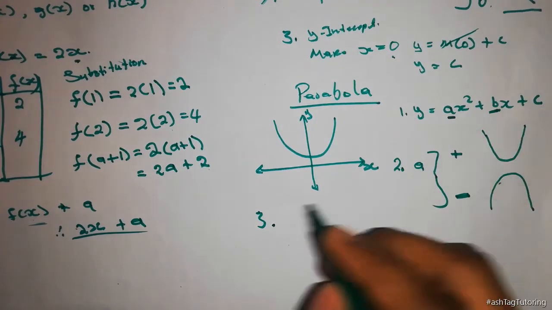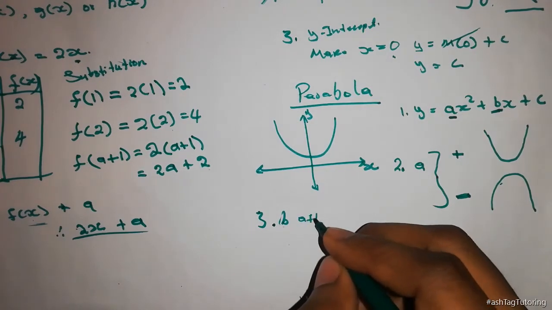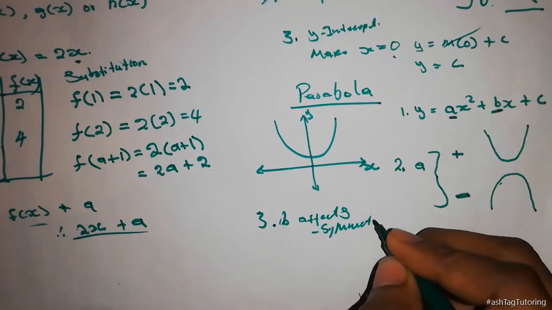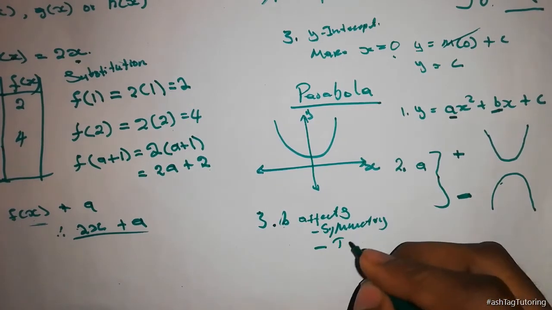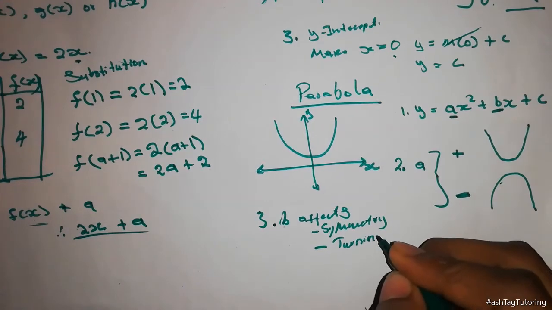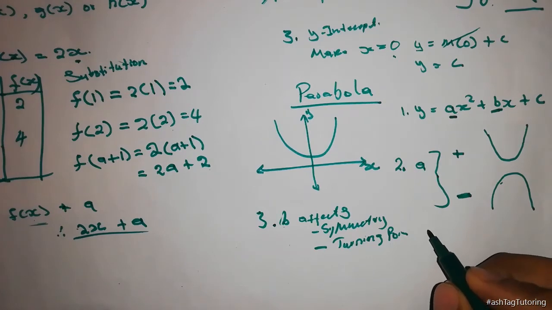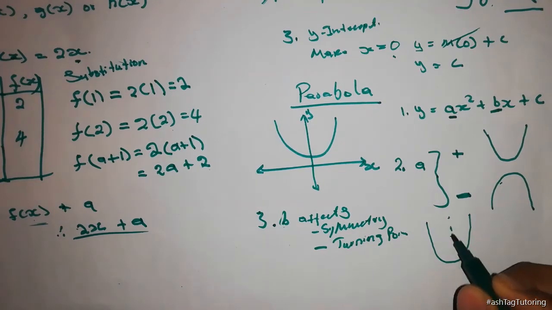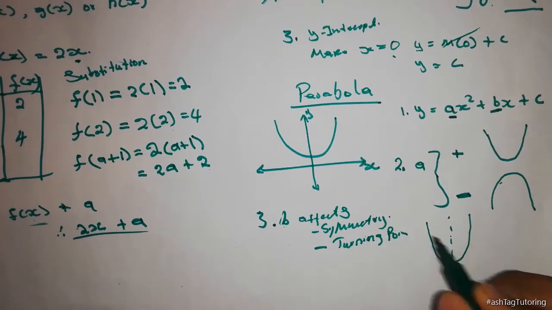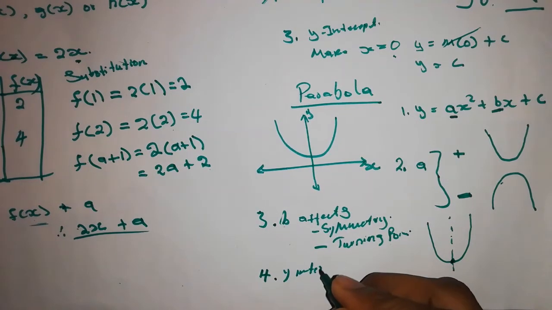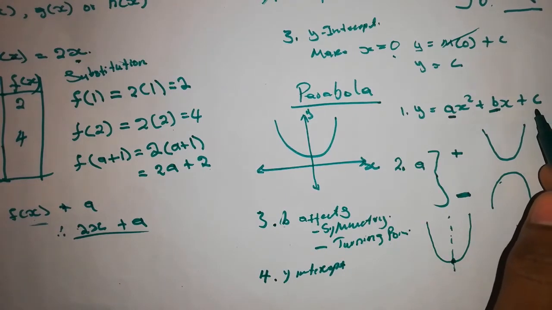The next important thing in the equation is the coefficient b, which determines the axis of symmetry and also the turning point of your graph. Lastly, we look at where the graph cuts the y-axis. That's when x is equal to 0, therefore y becomes the value of c.